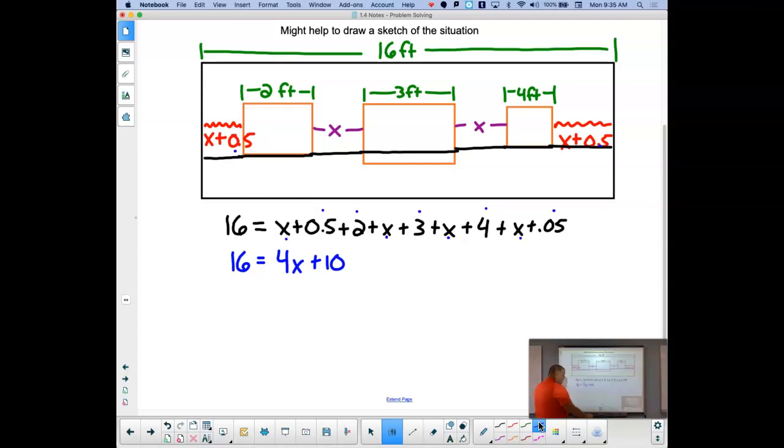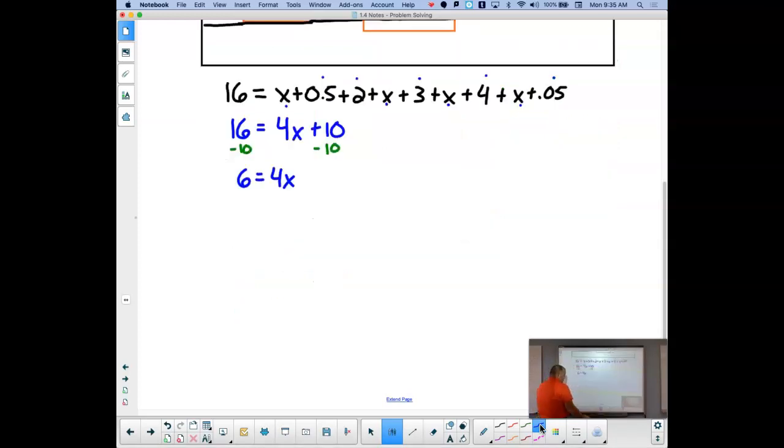Okay? So now I can subtract 10. That gives me then 6 equals 4x. Divide both sides by 4. And that gives me 3 halves equals x, which is also 1.5.